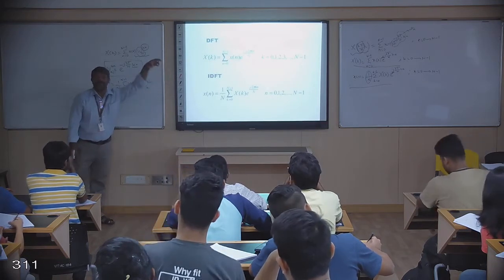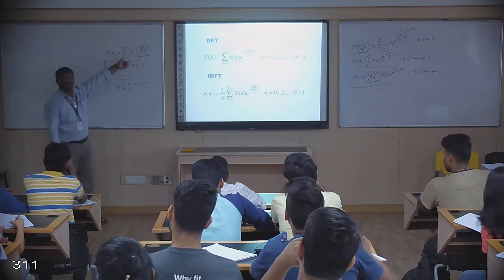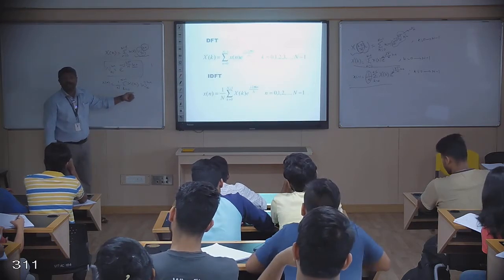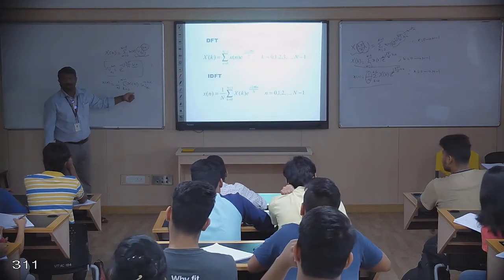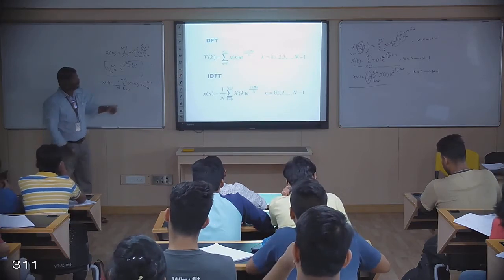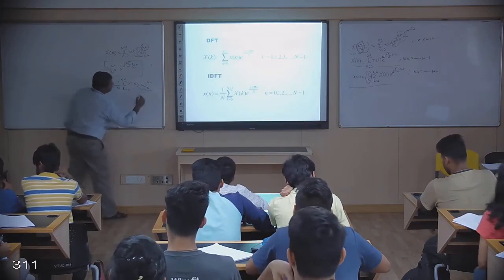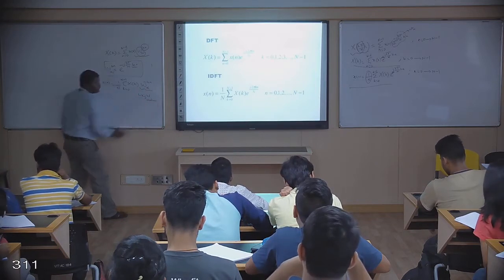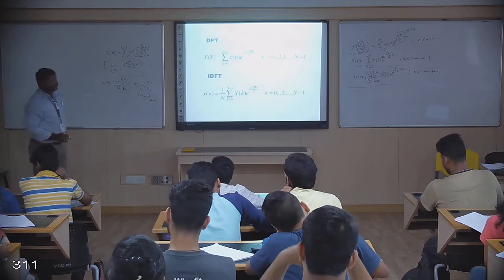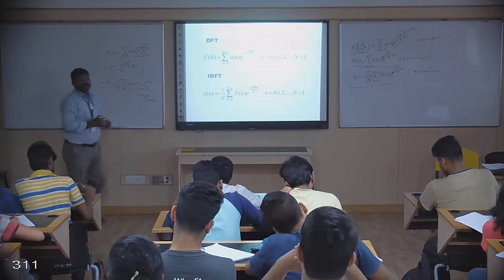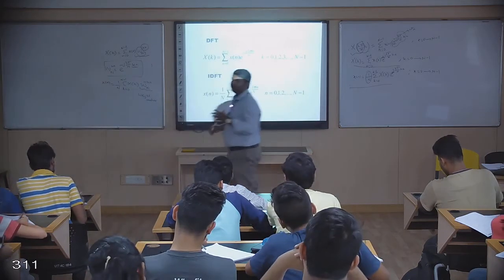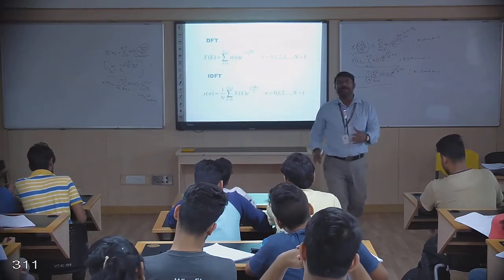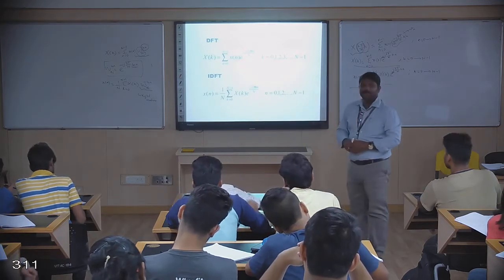Since you are introducing the same weight which you used in the DFT, you have to put minus there. Is that clear? Alright, so this is called the weight matrix.